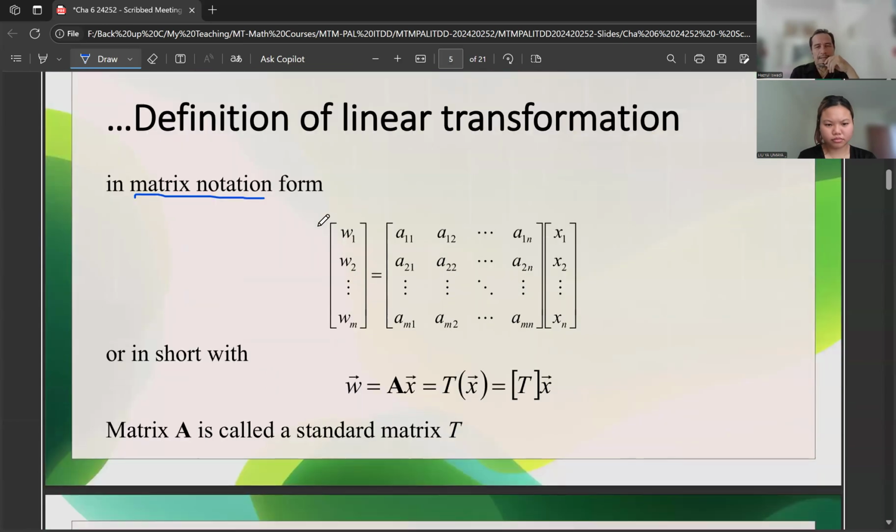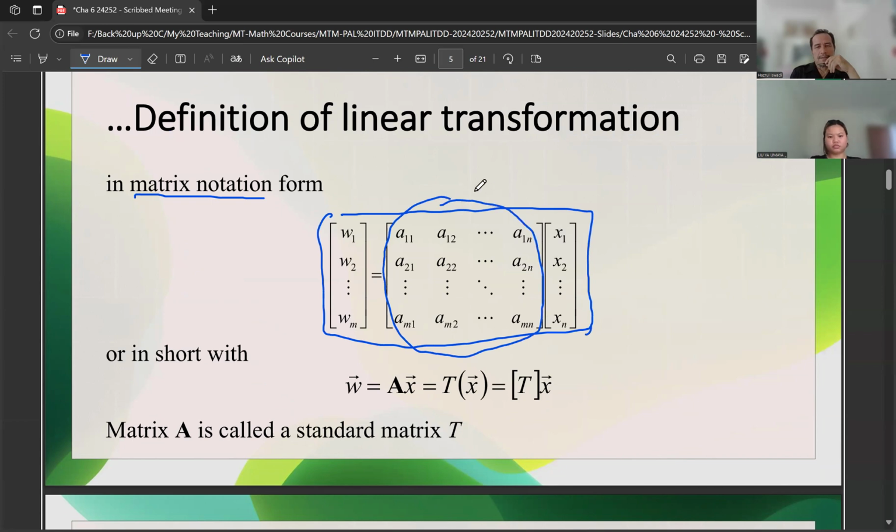So we have this matrix, and we symbolize it by A. The x vector is symbolized by x, and the output is symbolized by w vector.